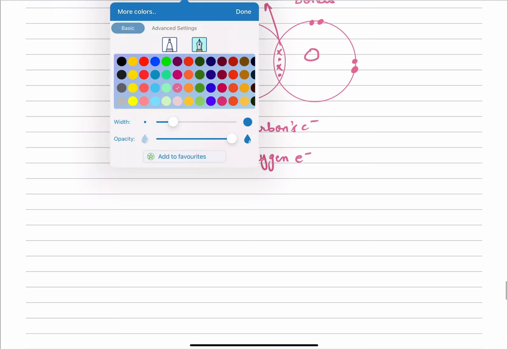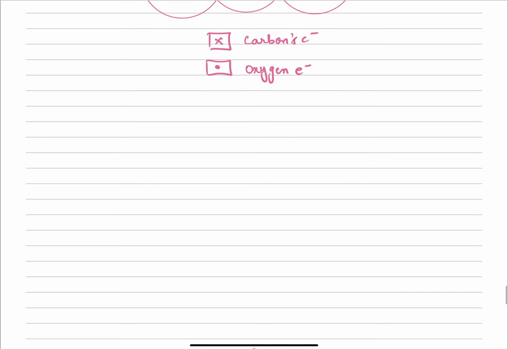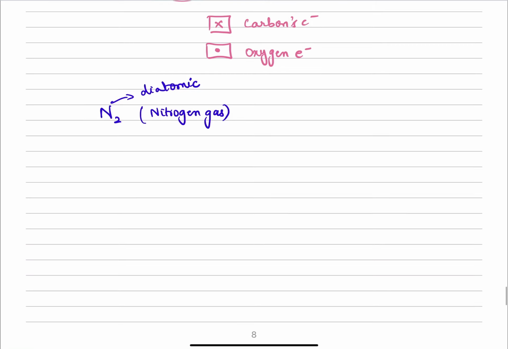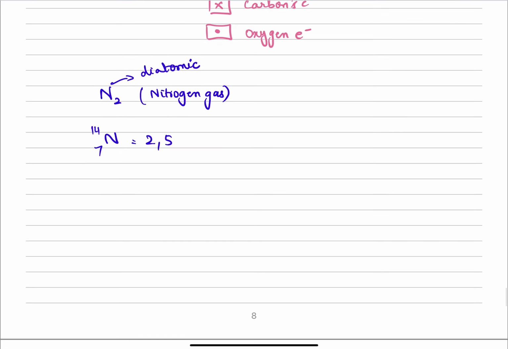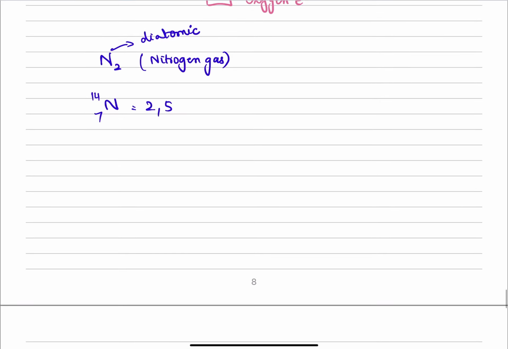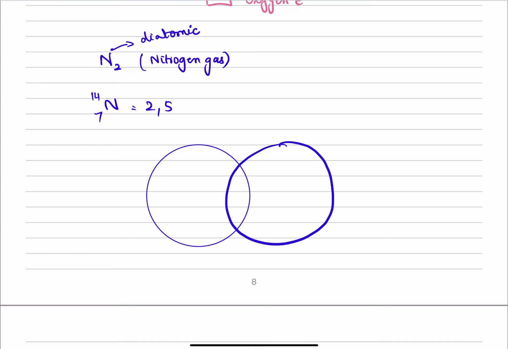Let's look at one last example, and that is of nitrogen gas. Again, by looking at the molecule, it's a diatomic gas because it just comprises of 2 atoms. And nitrogen is different because nitrogen shares 3 of its electrons, because nitrogen is 2, 5. So nitrogen needs 3 electrons. If nitrogen needs 3 electrons, then each nitrogen has to share 3 electrons.